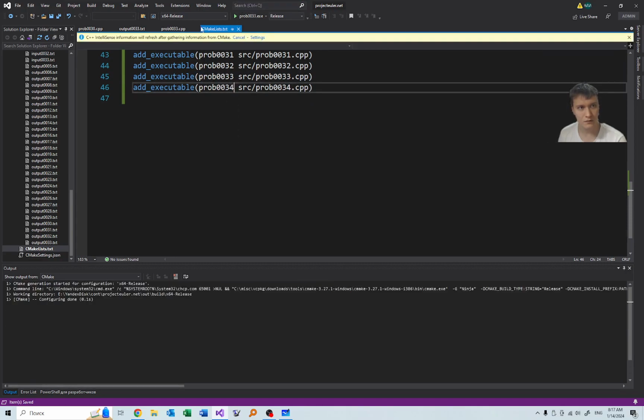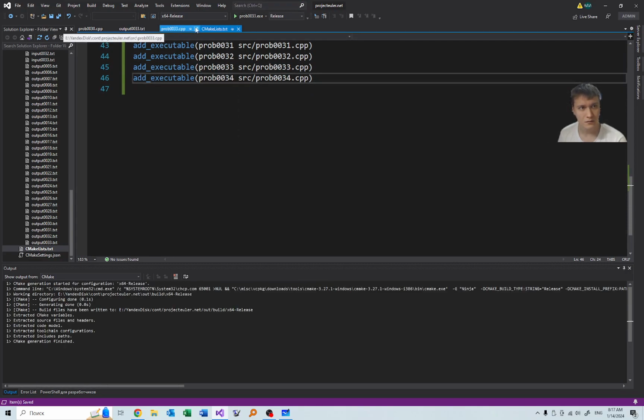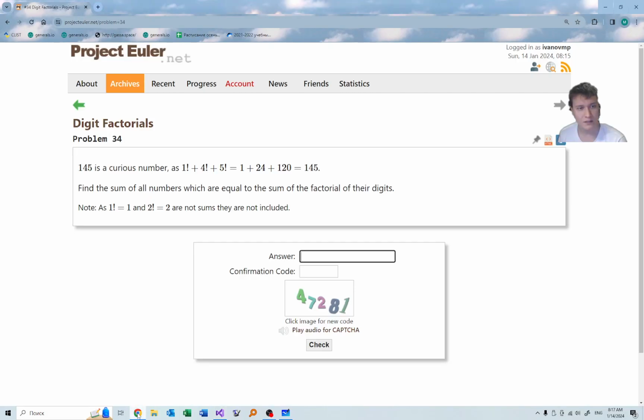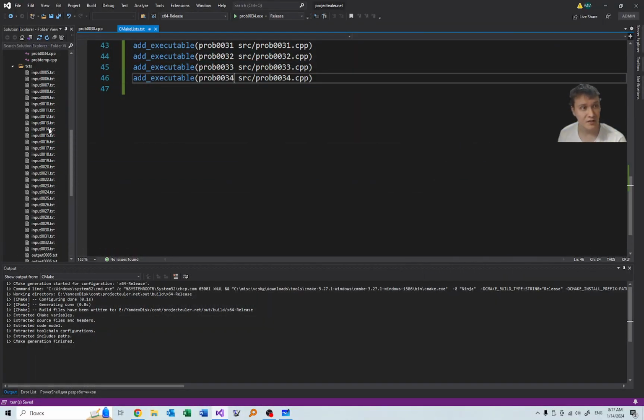It is again a non-parameterized problem. So again, the input file is empty. We create it just in case.